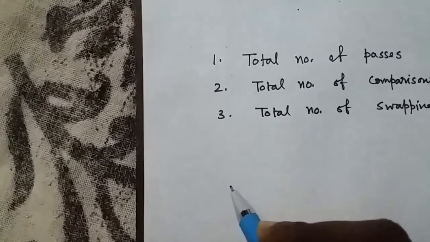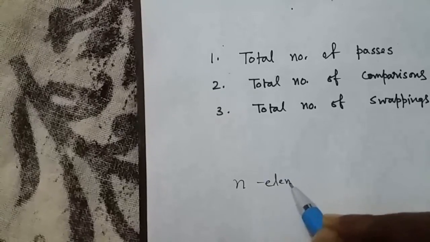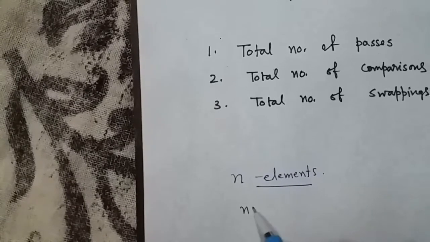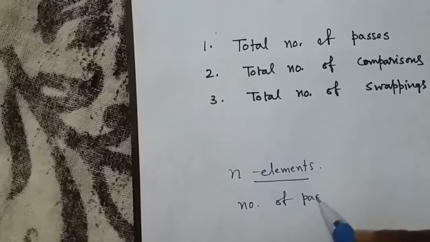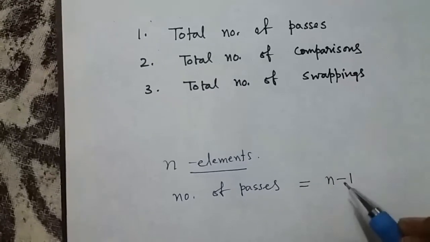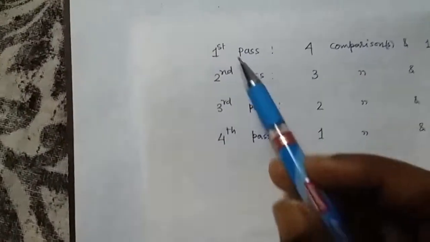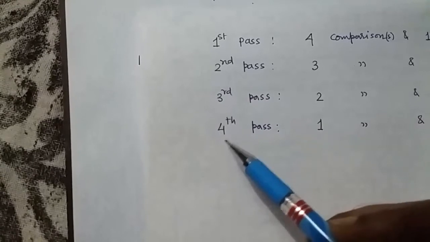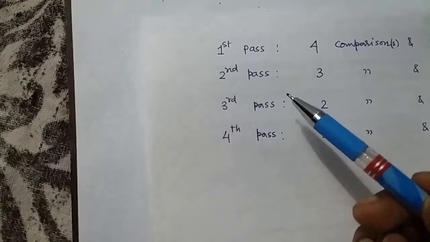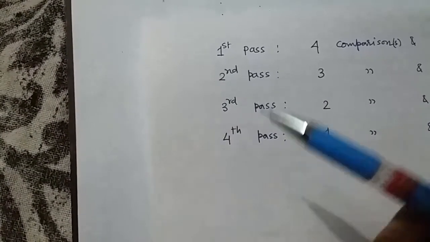In case of an array that consists of n elements, the number of passes will be n minus 1, because in case of 5 elements we require 4 passes. So in case of 10 elements you will require 9 passes. In case of 15 elements you need 14 passes, like that.